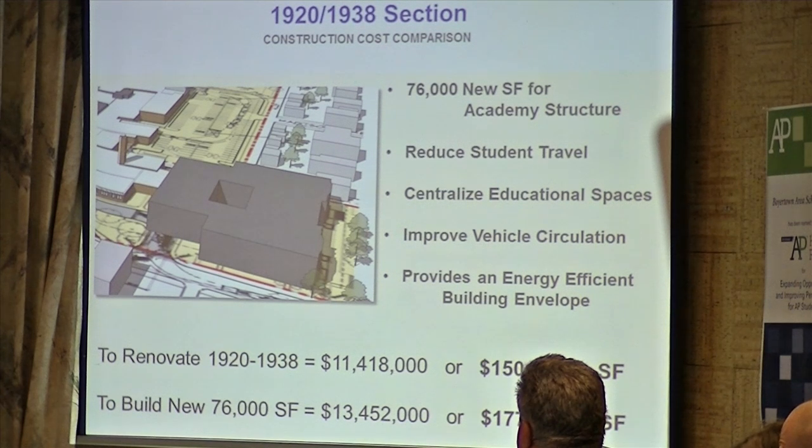So you can see the difference between renovation and new, and that's something we looked at early on in the project as we were starting to look at your educational program.